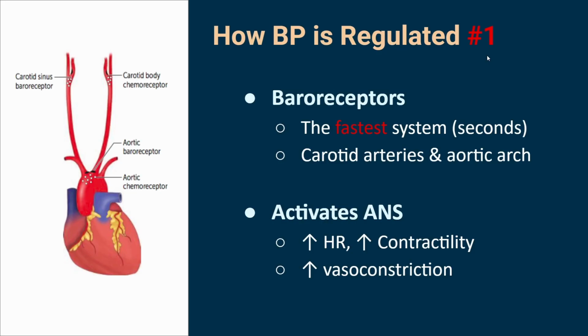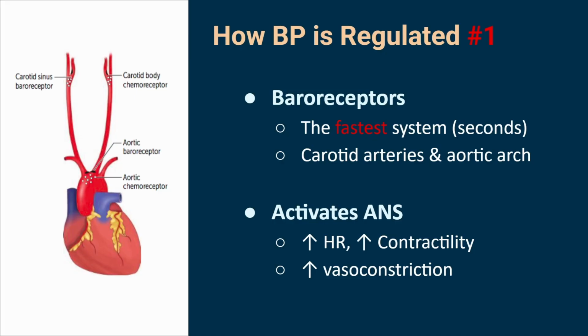Now, let's talk about the first, fastest way your body reacts to blood pressure issues. When the baroreceptors, which are what? Changes in pressure, right? So as pressure increases, as pressure decreases, and those sensors aren't found in your fingertips, they aren't found in your hair, they are found specifically in your carotid bodies, in your aortic arch.